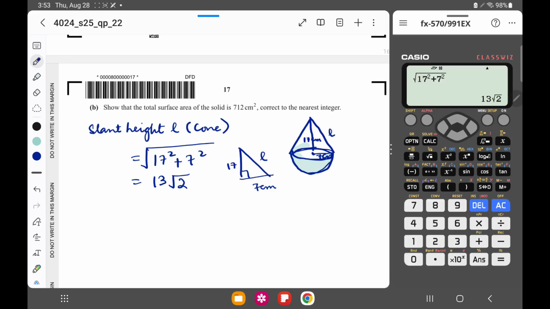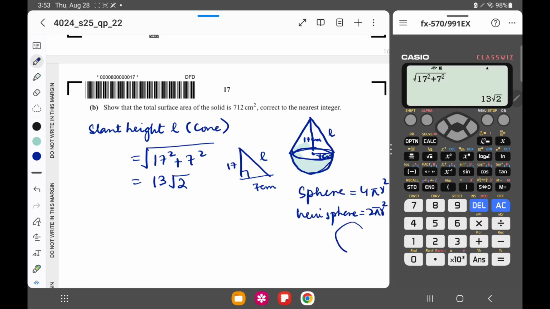Okay, so the curved surface area of the cone and the curved surface area of the hemisphere. For the sphere, the total surface area is 4 pi r square. And for the hemisphere, the curved surface area, which will be half of it, is 2 pi r square.